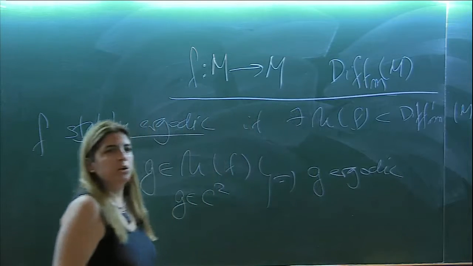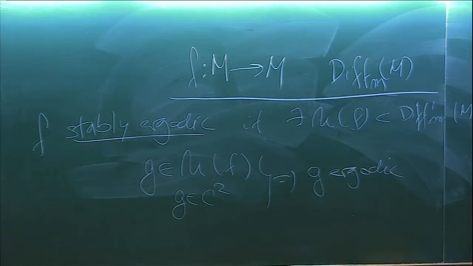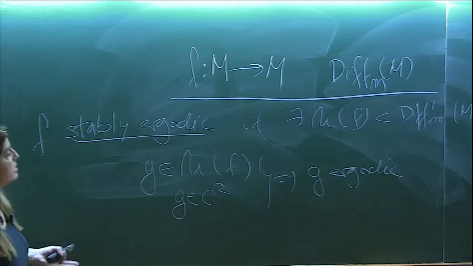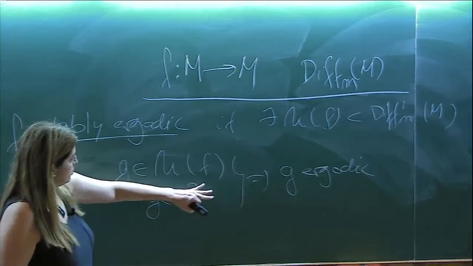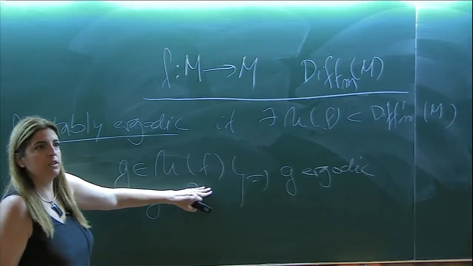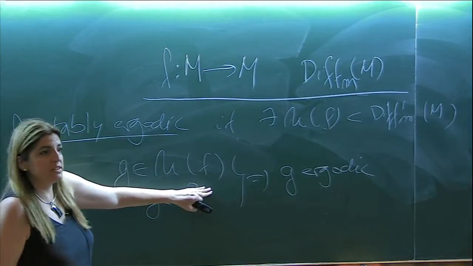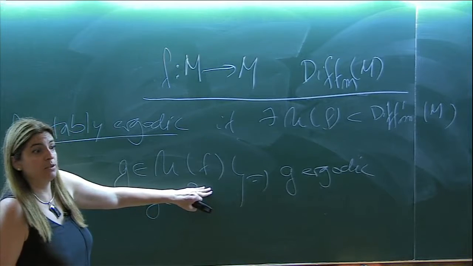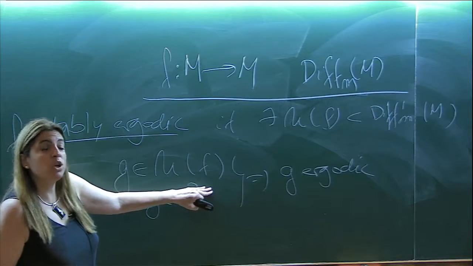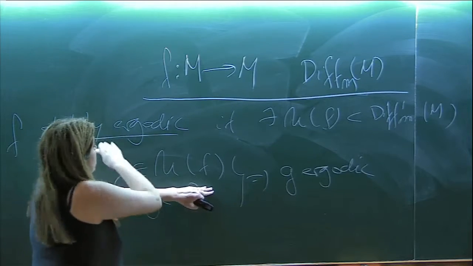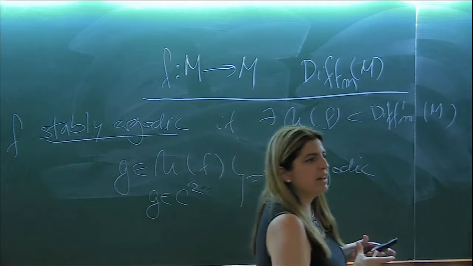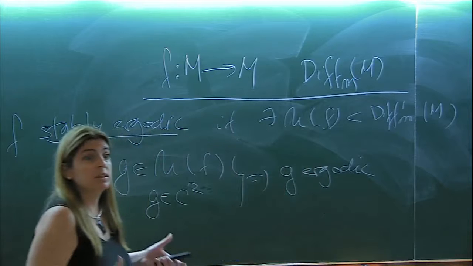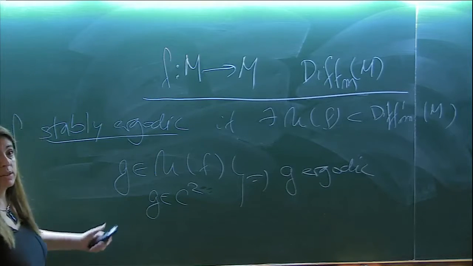It's a little bit annoying to define things like this, but the reason why we should do this is because if you take away this hypothesis, you don't know whether there exist examples of stably ergodic diffeomorphisms. There are no known examples where an open set of C1 ergodic diffeomorphisms exist. So we have to do this.